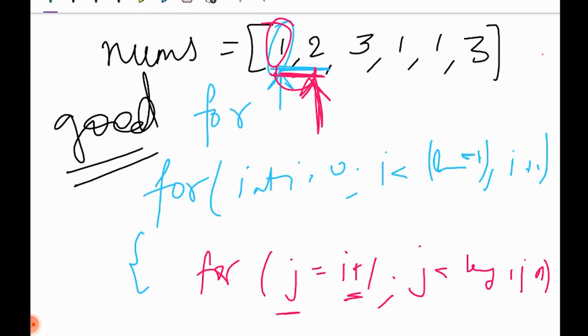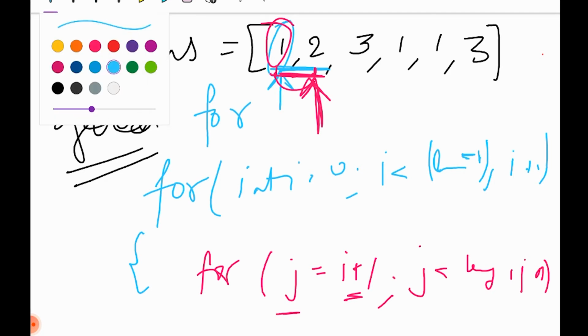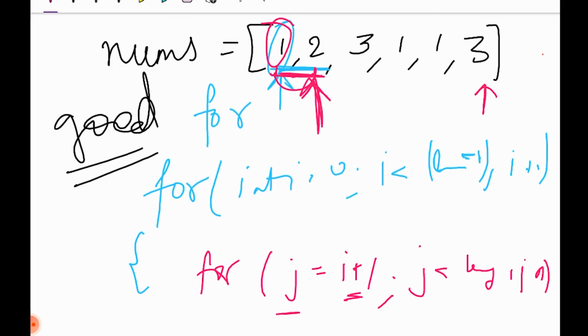Therefore, while doing the dry run in the second loop, I figured out that if my j is starting from the first index and i is at 0th index, then when my j pointer comes to the last element, I don't want i to also come at the j pointer. Therefore, my i will stay till here only. Therefore, I have put length minus 1.